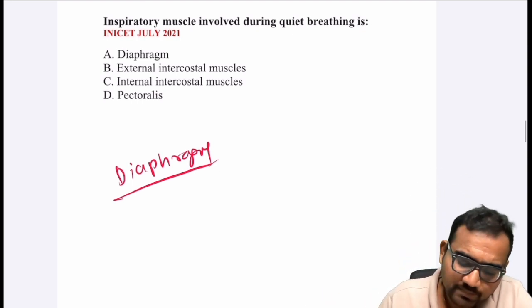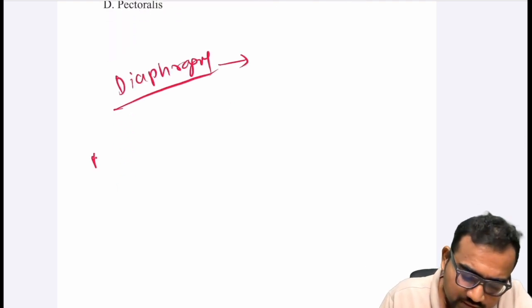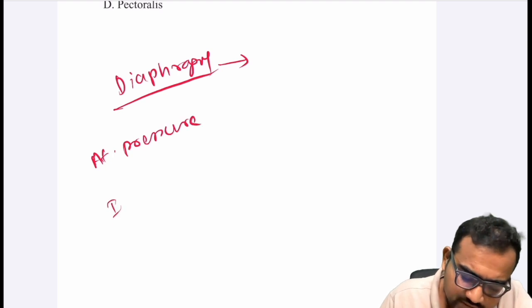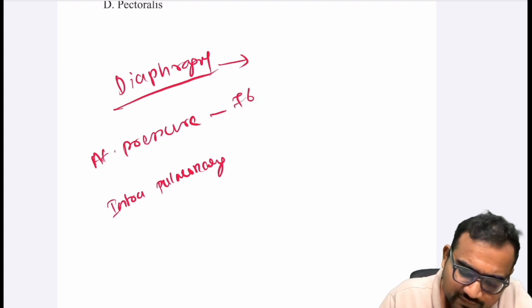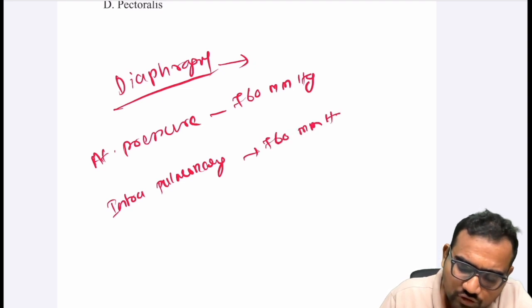As I told you, there is something called atmospheric pressure and something called intrapulmonary pressure. The atmospheric pressure is 760 mmHg and the intrapulmonary pressure is 760 mmHg, so it is almost the same.